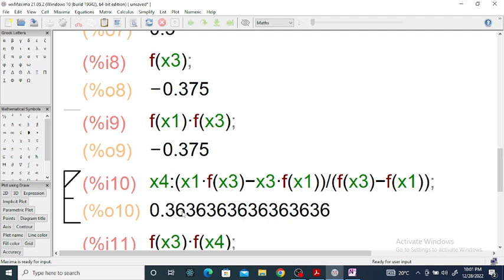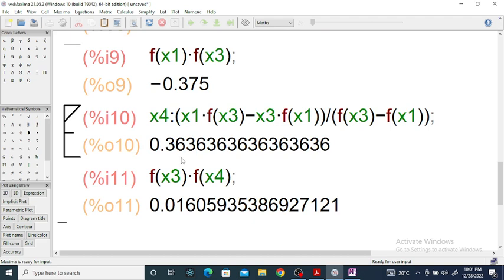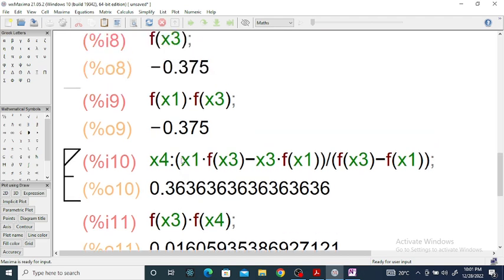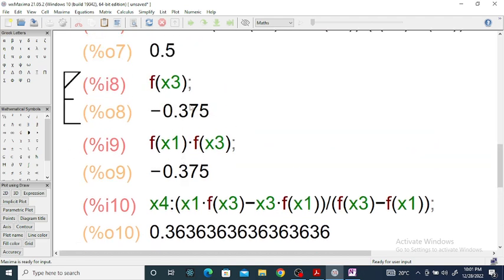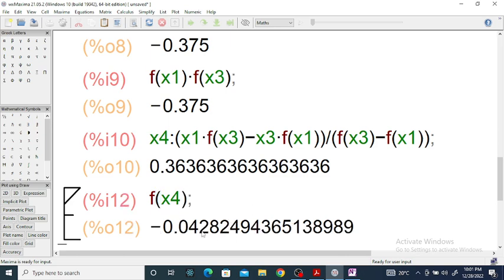We want to determine the sign of f of x4 here. Sorry, the sign of f of x4. So f of x4 is negative.